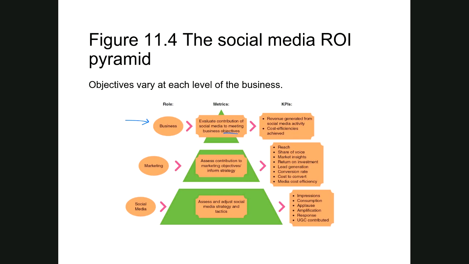And our objectives could be more sales. So is it generating any revenue? Let's say our revenue is going up and it's costing us less than it was. So we would have accomplished both of those objectives. They're not interested in the nitty gritty of how often you're posting or what you're doing, just is it working?